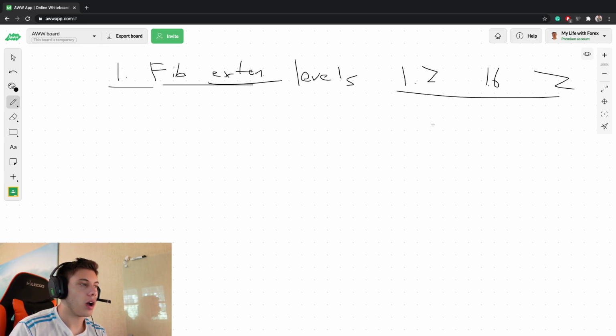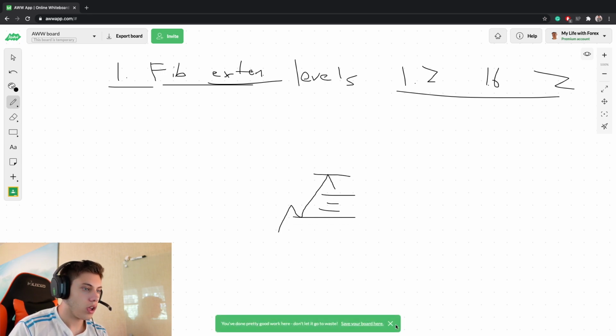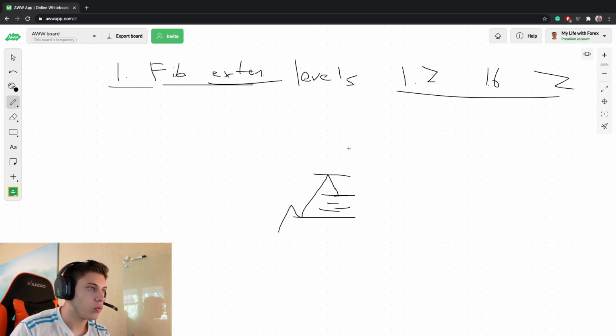So these are all very popular Fibonacci extension levels, which basically just means, let's say you're trading a trend and you drew a Fibonacci and you have your levels here, right? Price comes down, maybe you buy right here, your stop is somewhere. And this is how you set where you're going to take profits.